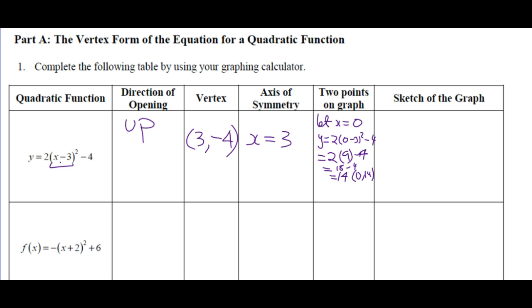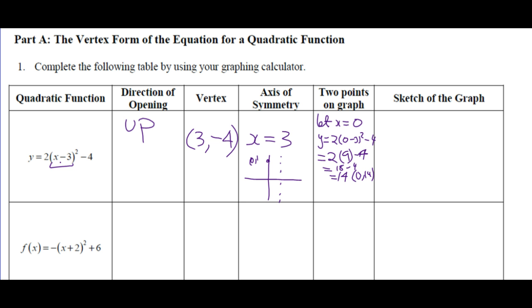By symmetry, the axis of symmetry is at 3. So here's the axis of symmetry at 3, and over here we've got (0, 14). Then what's on the other side? What's at the same level but over here? Think about a sketch. There's 3.